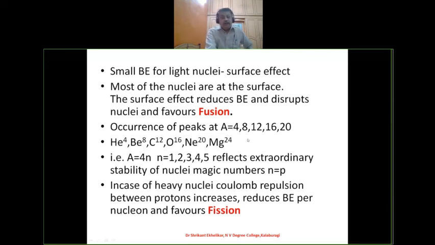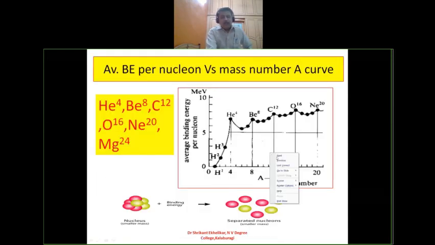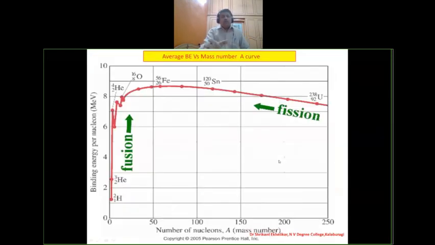Therefore, the binding energy curve is very important for our understanding of nuclear physics, and we can get a lot of information just by plotting and understanding the binding energy, which is the curve of average binding energy, that is binding energy divided by mass number, against the mass number of nucleons.